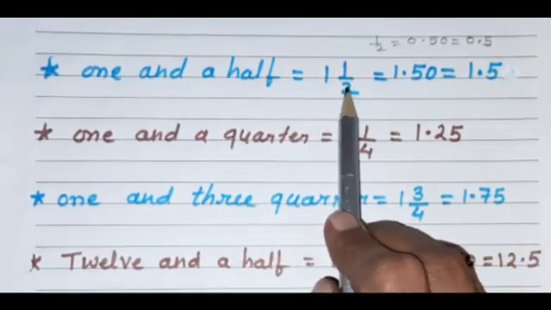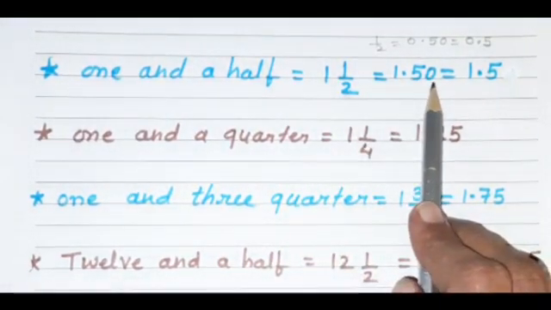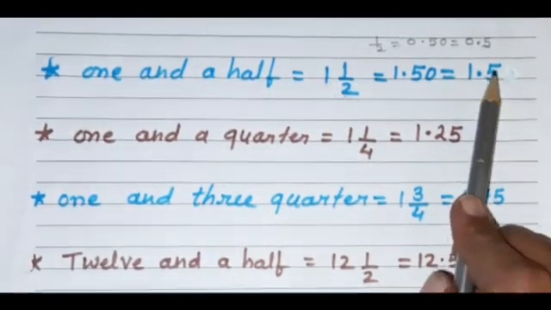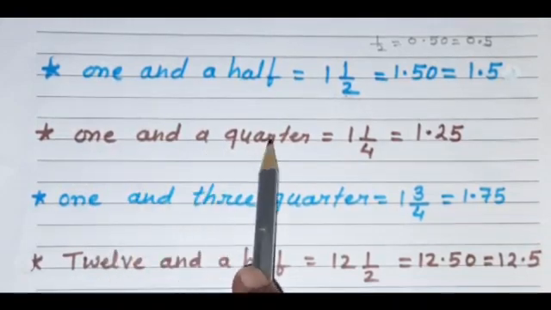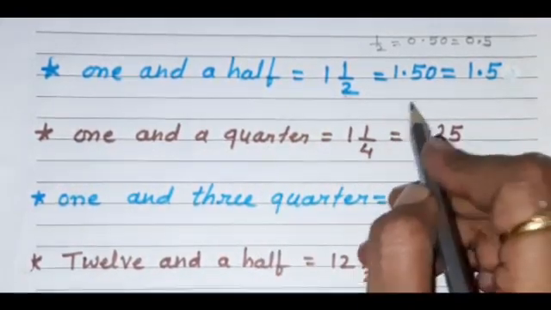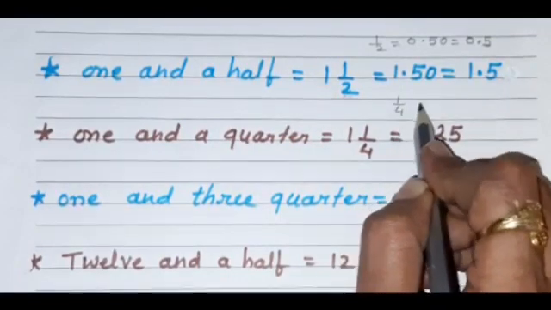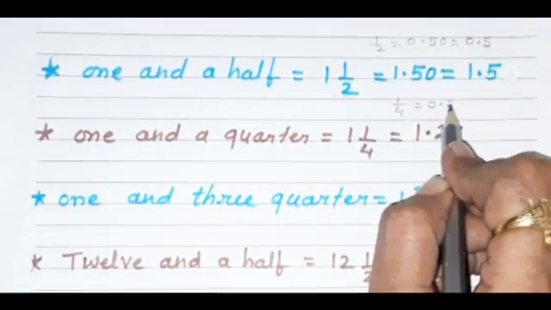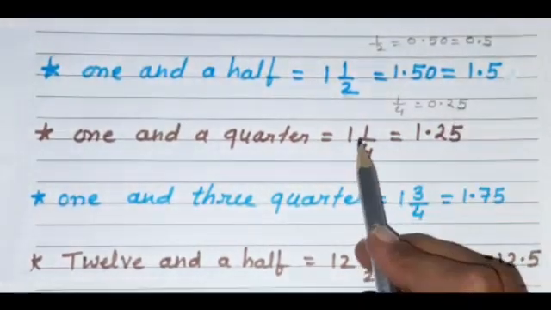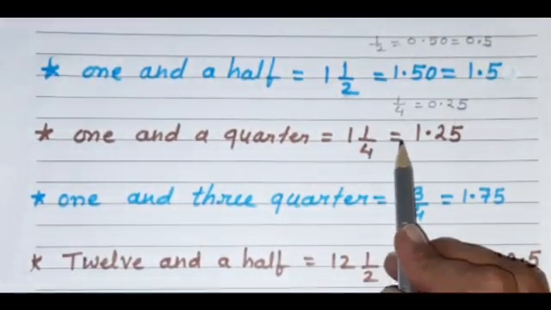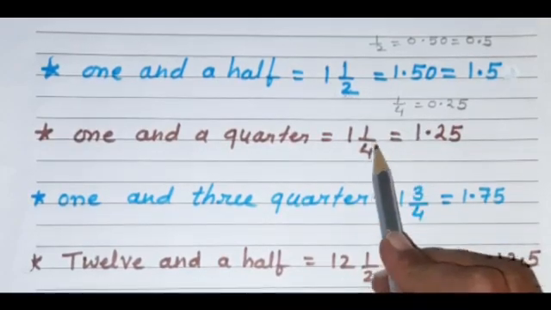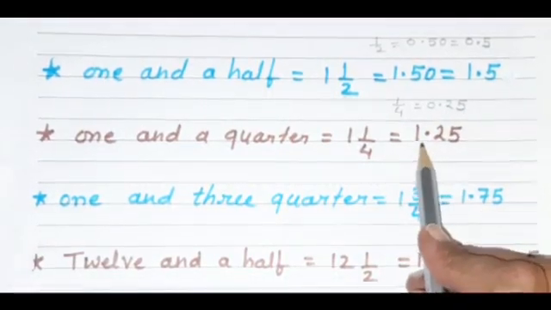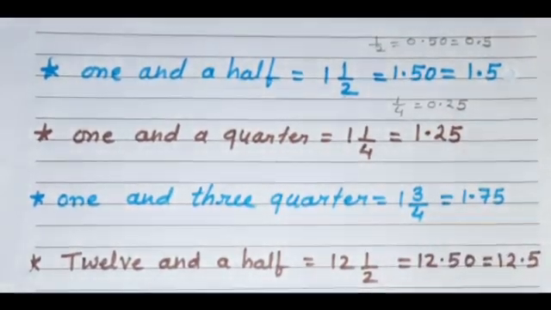So 1 and a half is equal to 1.50 and 1.50 is equal to 1.5. Now the next one, 1 and a quarter. Quarter in decimal form, 1 upon 4, I already explained, is 0.25. So 1 and 1 upon 4 is 1 as it is, and 1 upon 4 in decimal form is 0.25. So here 1.25.